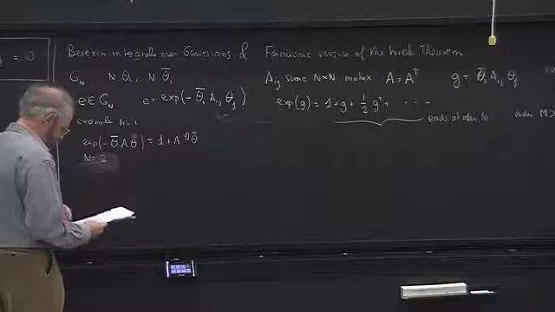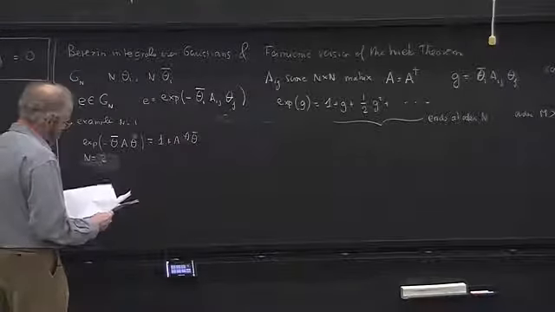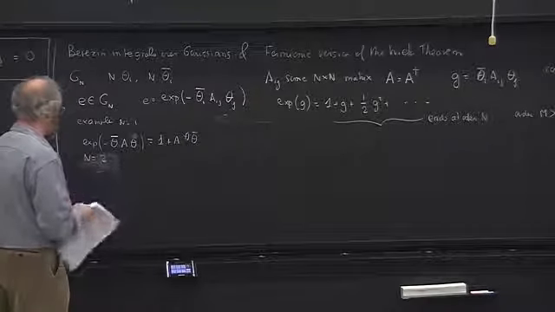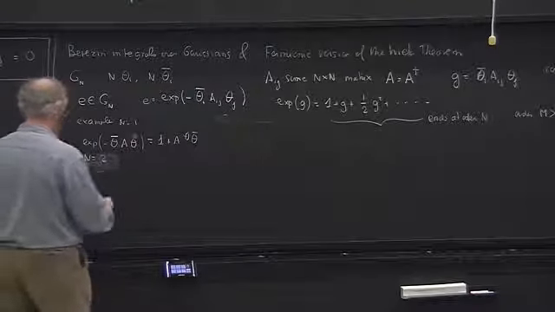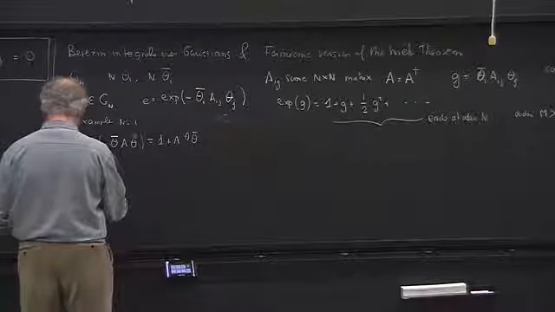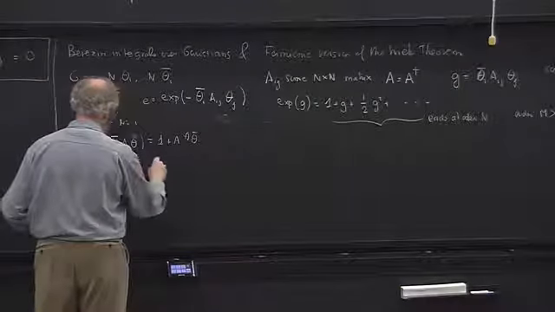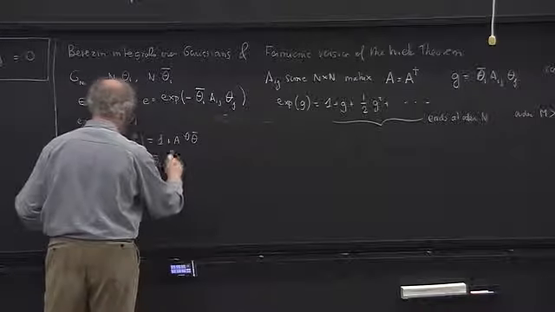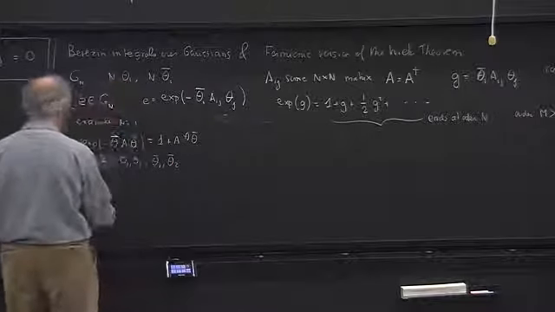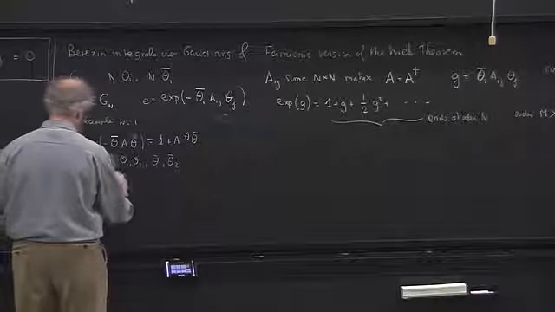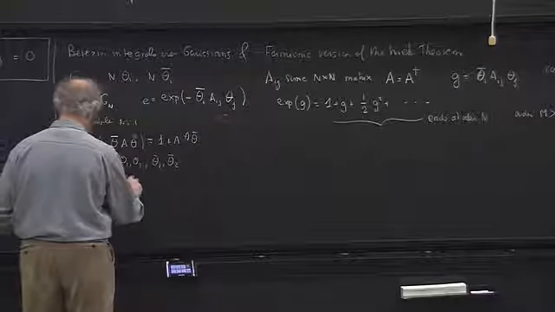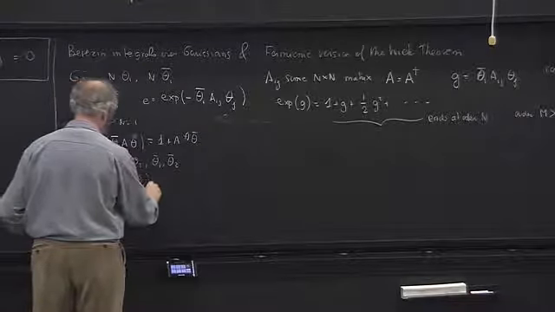For n equal 2, you get something a bit more complicated. I have theta 1 and theta 2, theta bar 1, theta bar 2, and the exponential of minus theta bar i, A_ij, theta j.